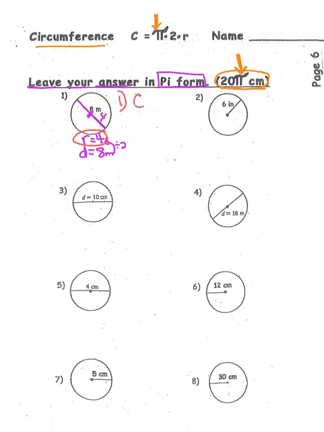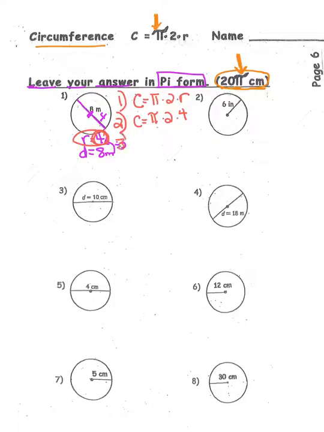Step 1, C equals pi times 2 times r. Step 2, let's substitute that 4 measurement in for the radius. C equals pi symbol times 2 times 4.